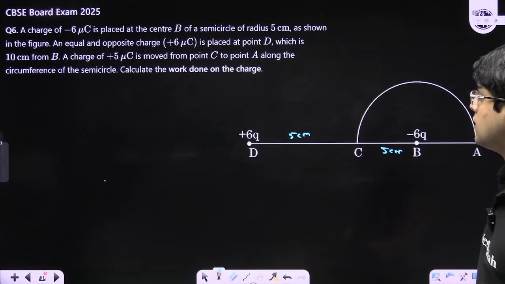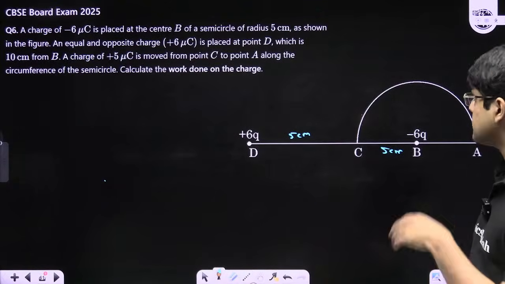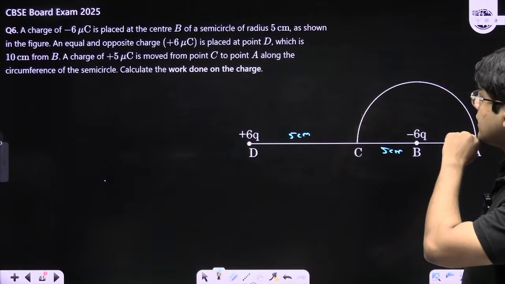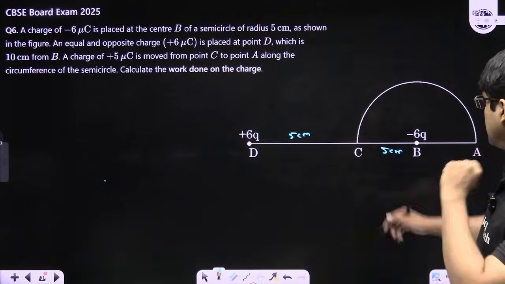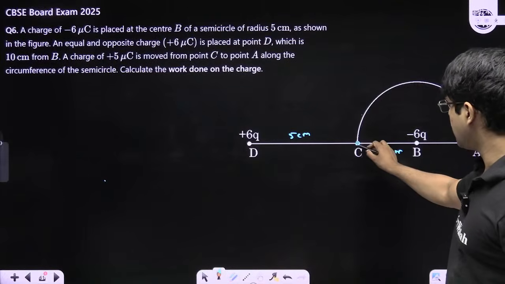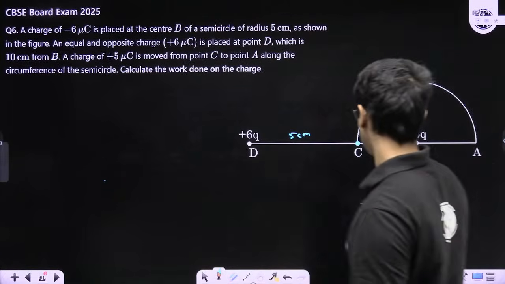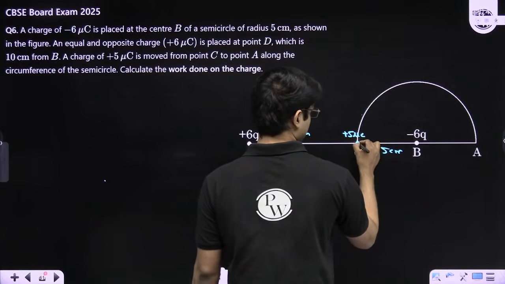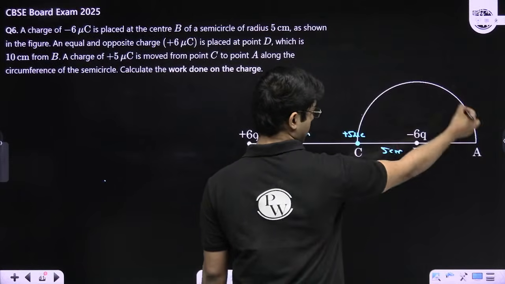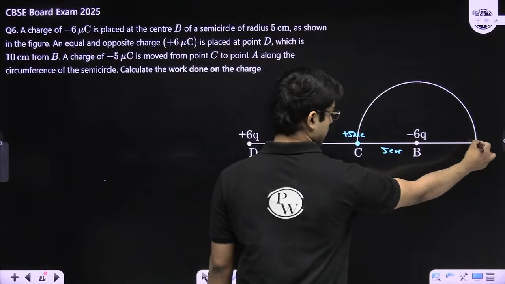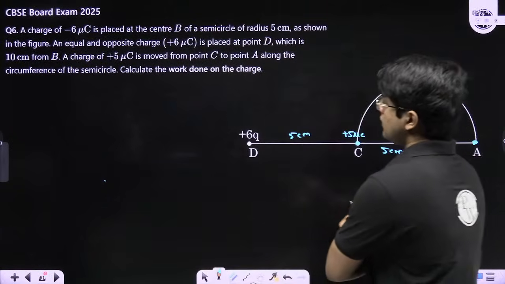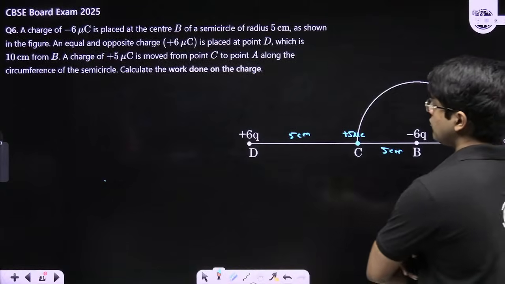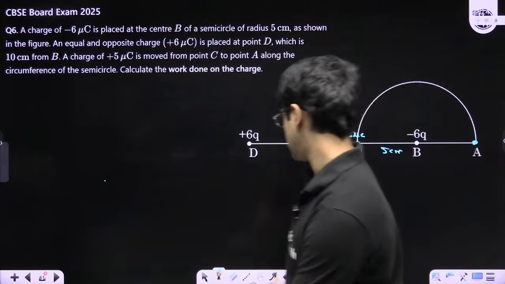Then they're asking: a charge of plus 5 microcoulomb is moved from point C to point A along this semicircular path. We have to calculate the work done on the charge.